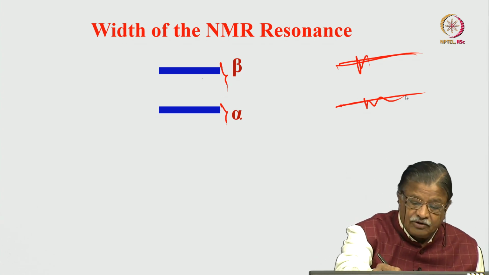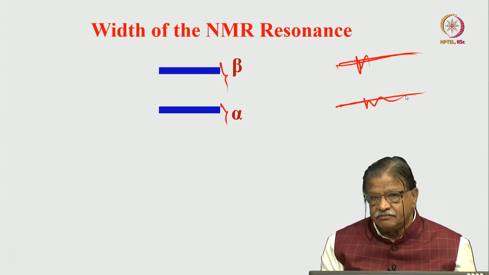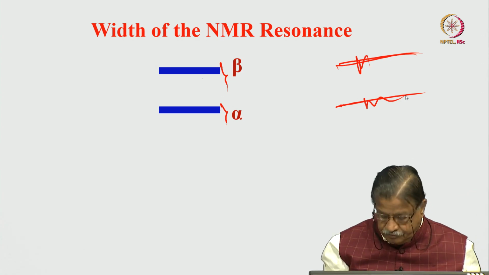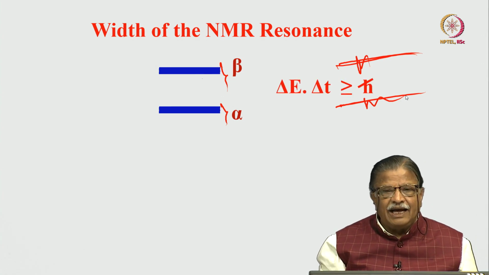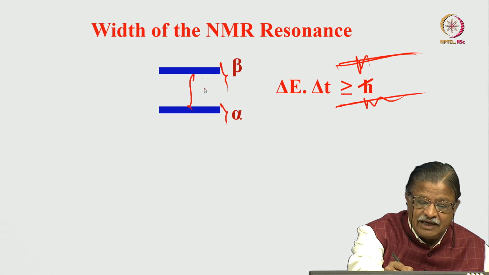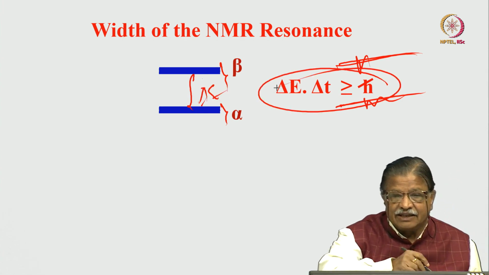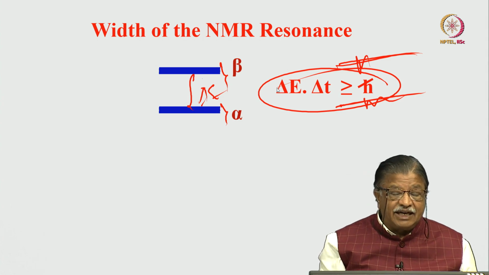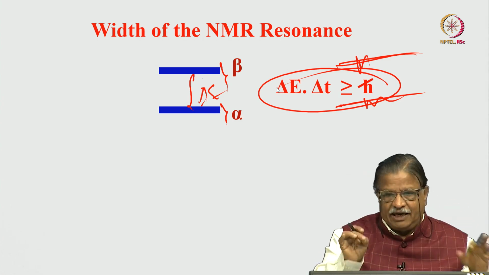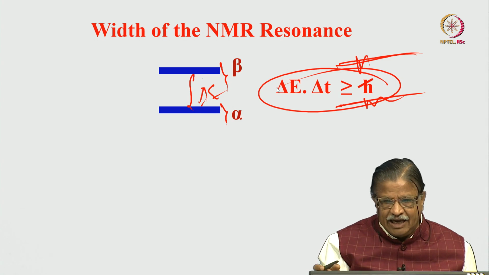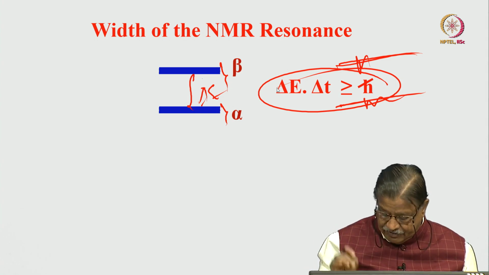Now, I consider two spin states, alpha and beta, and I calculate the energy difference delta E, and of course, we know delta E times delta T is greater than or equal to h cross, which is the uncertainty condition of Heisenberg. Energy and time uncertainty is given there.